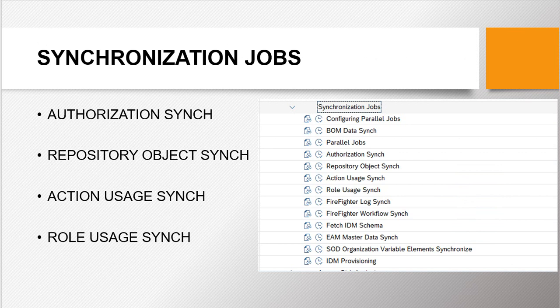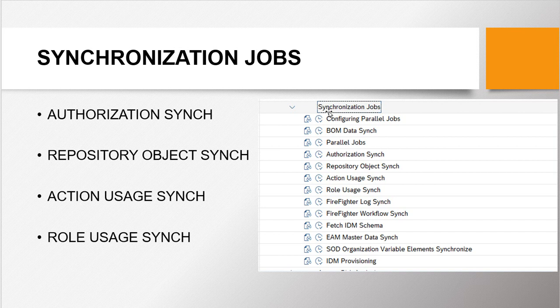Once this is done, another big aspect that you need to keep in mind is to schedule some of these 4 jobs, which are usually needed because of the ARA module, Access Risk Analysis module. These 4 jobs have to be scheduled in the background or need to be run. Assume that you know what these jobs do.